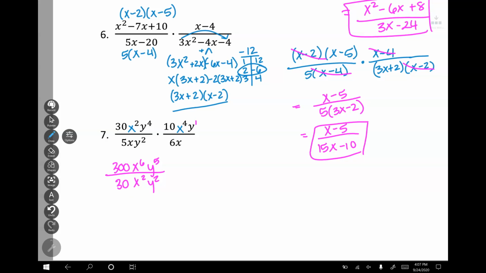So 300 divided by 30 gives us 10. Remember, when you're dividing, you're going to subtract exponents on like bases. So 6 minus 2 is 4, x to the power of 4. 5 minus 2 is 3, so y to the power of 3. So I think that's a little easier than trying to go in and factor everything.